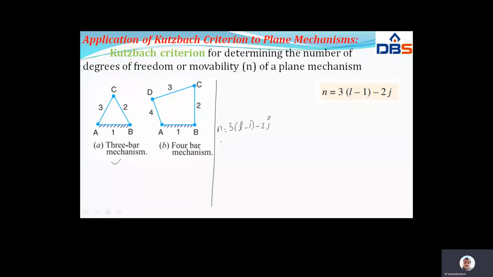What is the number of degrees of freedom or movability? n equals 3 into how many links? 3 minus 1, minus 2 into binary joints.